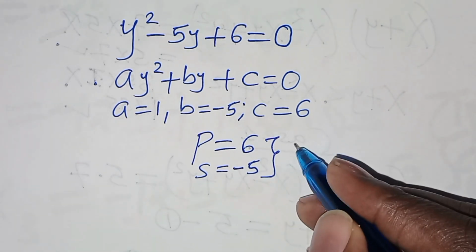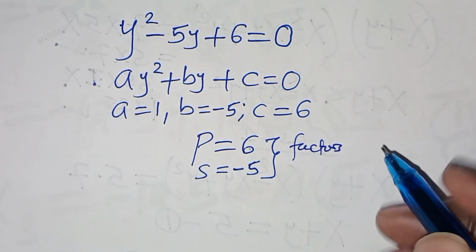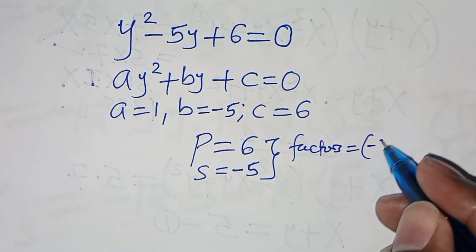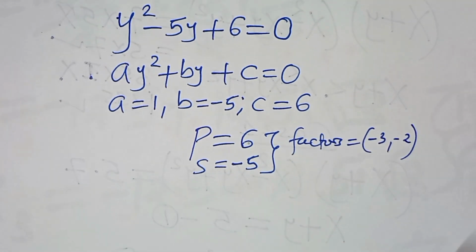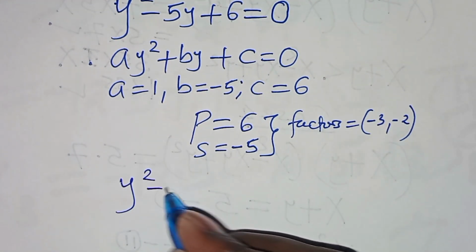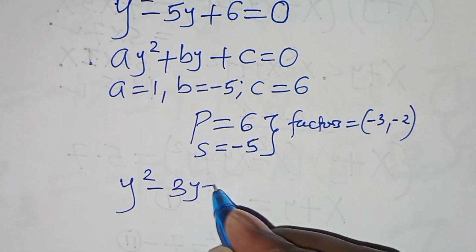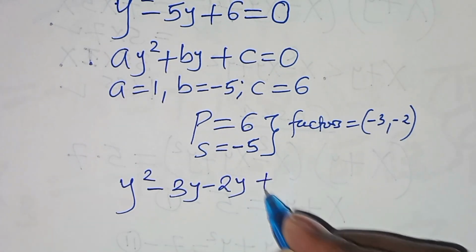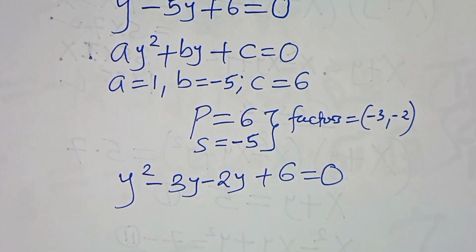The factors here are minus 3 and minus 2. So let's substitute: y squared minus 3y minus 2y plus 6 is equal to 0.